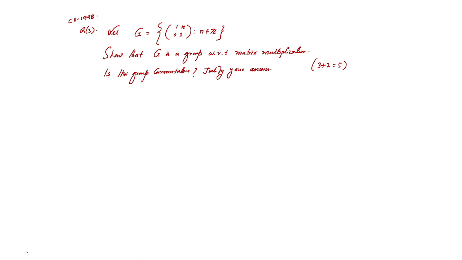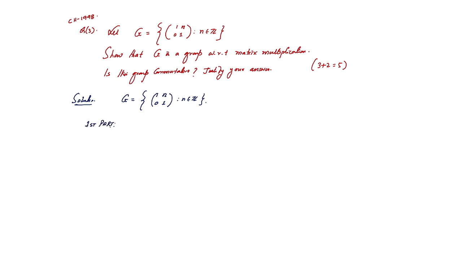In this question we have two parts. First we will show that it is a group, then we will show whether it is commutative or not. What exactly is our given set? Our set is G equals all those matrices of the form [[1, n],[0, 1]] where n belongs to Z, and we need to show it will be a group with respect to multiplication. So what is our first part?